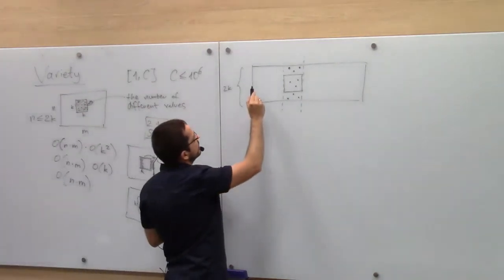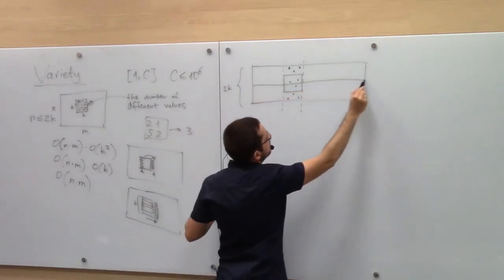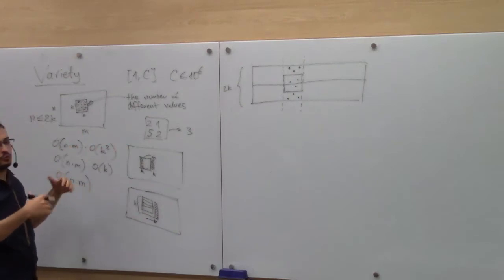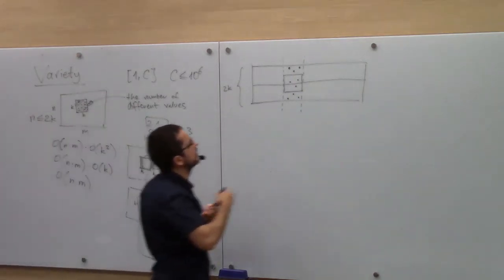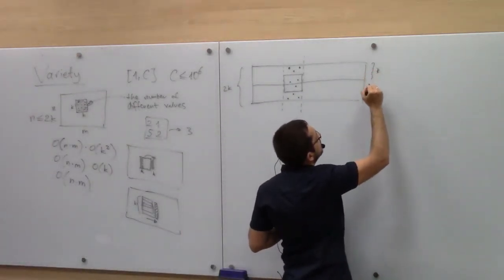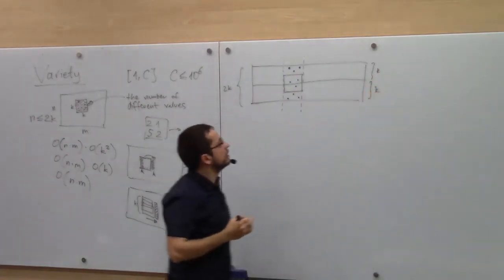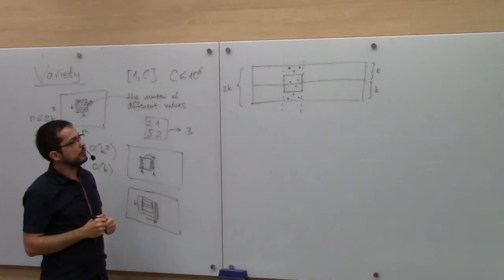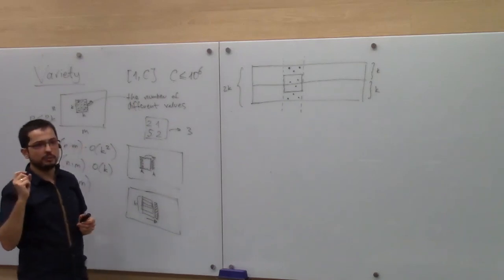We can divide our strip into 2 parts of size k, and for each part we will store only one interesting number.